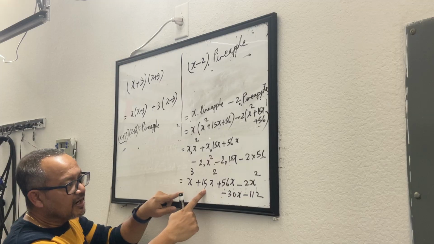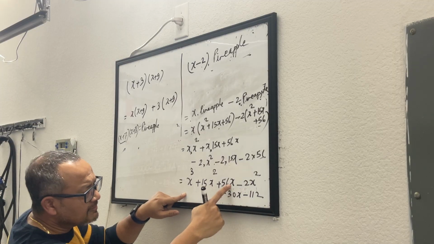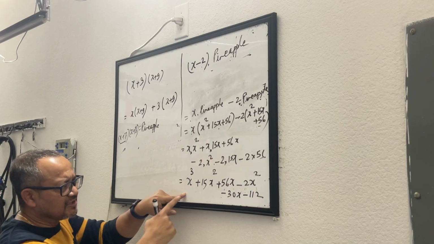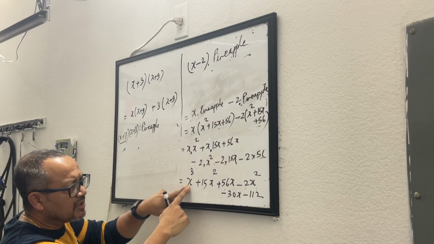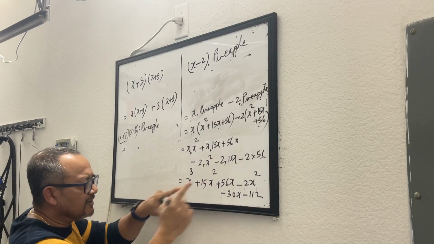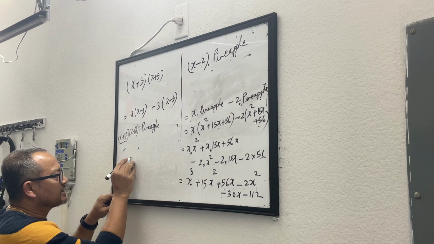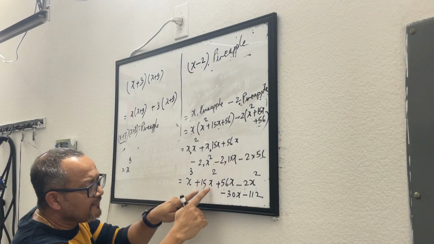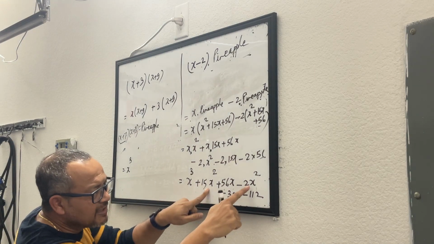Now, here, what we are trying to do is we have some like terms. Here I have x cube. There is no other x cube, so we will not touch that. That will remain x cube. I have 15 of x square and minus 2 of x square.